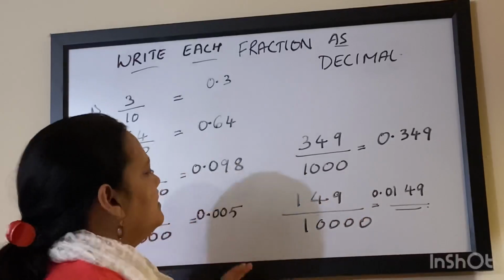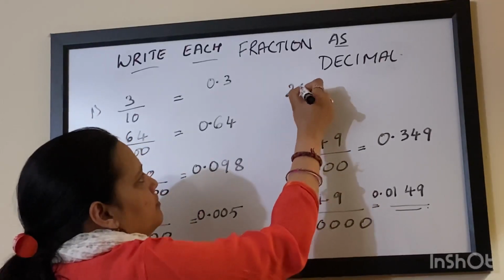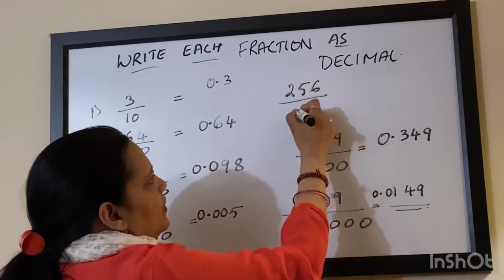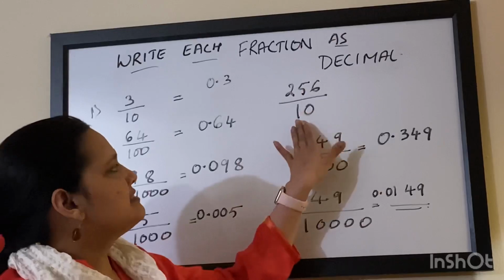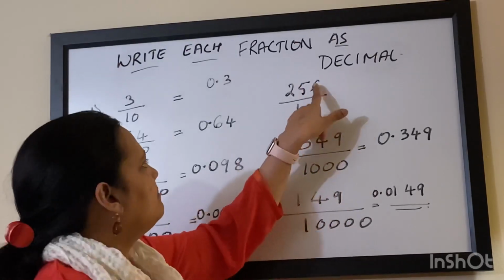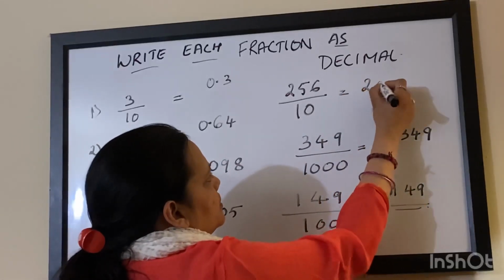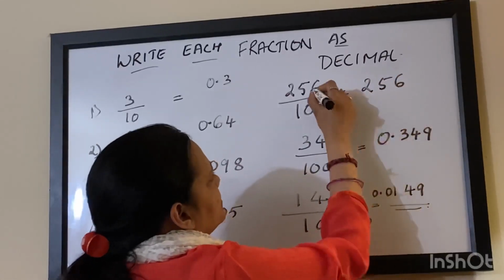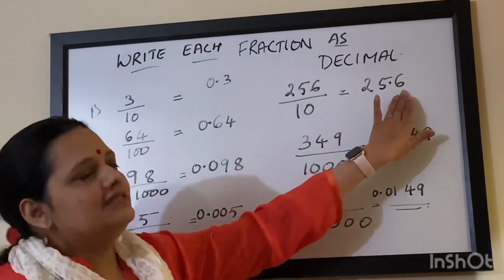But sometimes it happens that in the numerator it is something like this, 256 upon, maybe it is just 10. Okay, it is 256 upon 10. So what happens here, because it is just 1 zero, it will be just one decimal place. So it will be 256 with just one decimal place, so it will be something like this, 25.6.